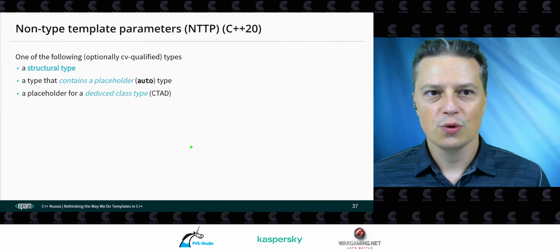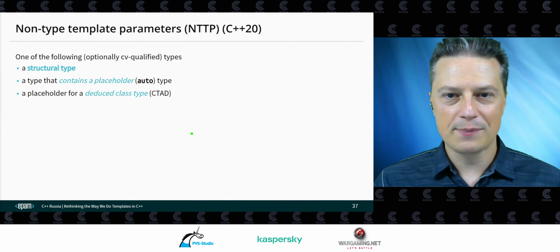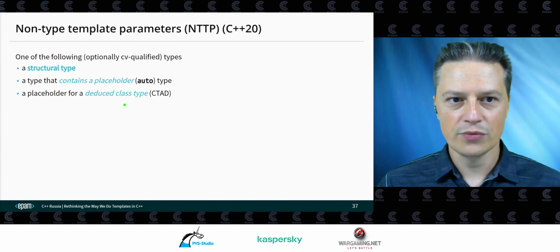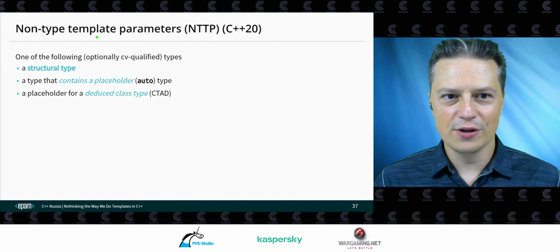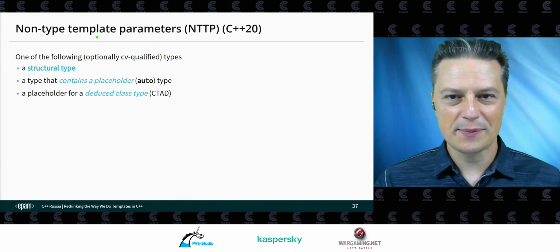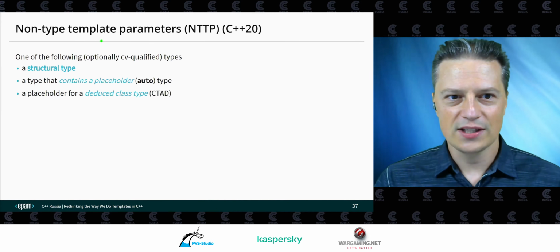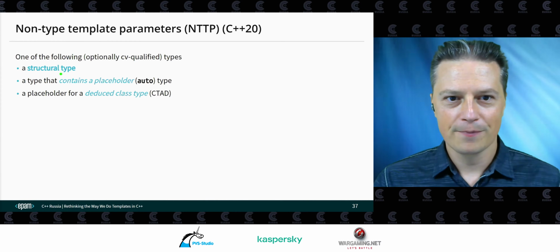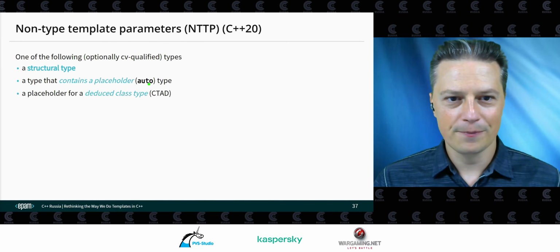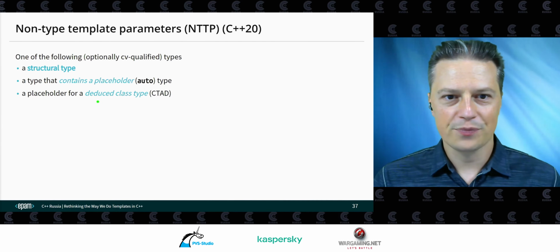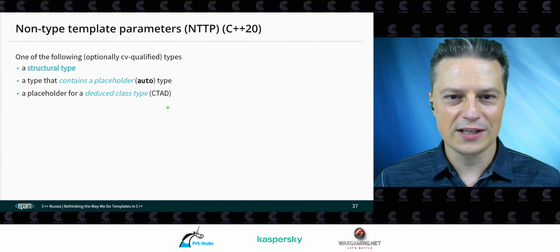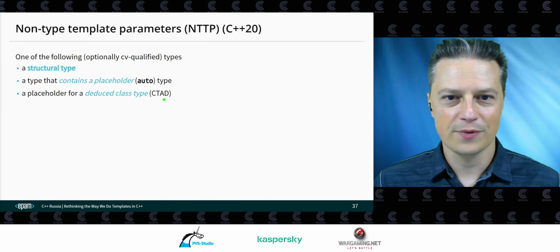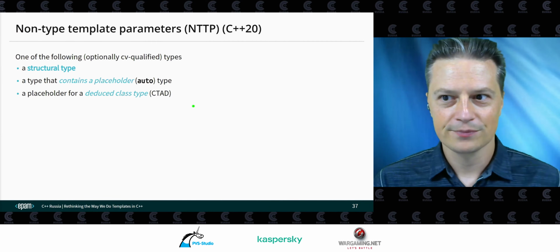In C++20, we get so-called non-type template parameters. A non-type template parameter, according to the new C++20 definition, is either a structural type, or a placeholder auto, or a deduced class template, so basically a class template with CTAD, class template argument deduction.